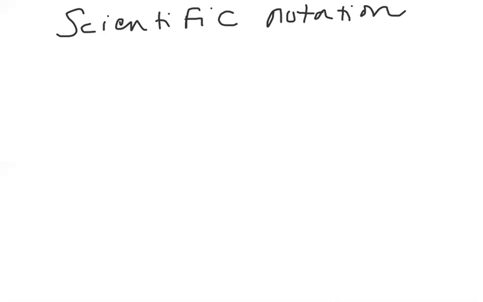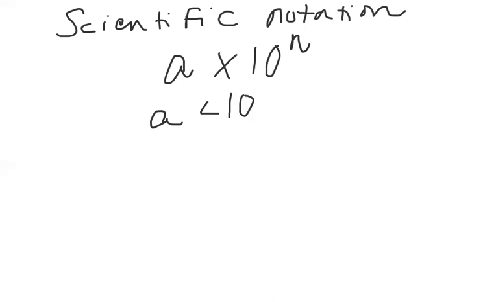When you write scientific notation, it's typically written in the form of a times 10 to the nth power, okay? Now, the a value here is a number that is less than 10 but greater than or equal to 1.